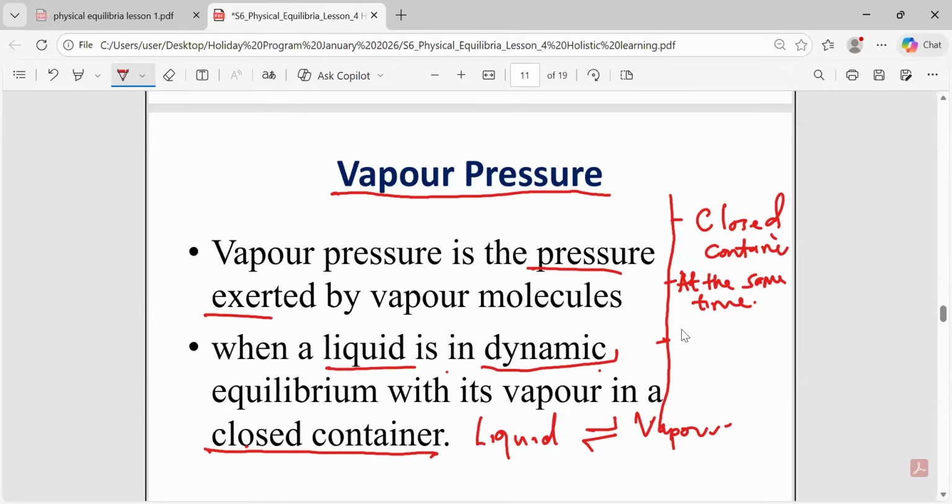So that is another point. At this point, the dynamic equilibrium is reached. So I say that that kind of pressure, which is due to that vapor at this point, is the one we call the vapor pressure.